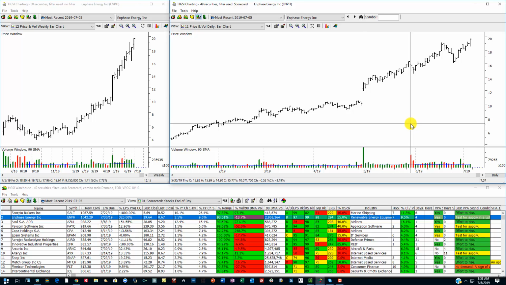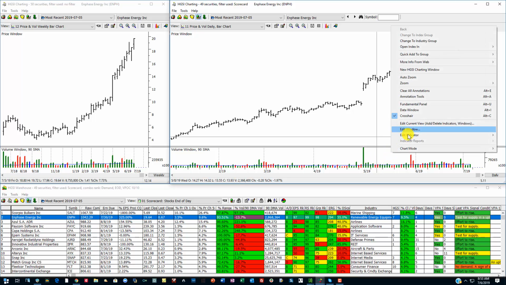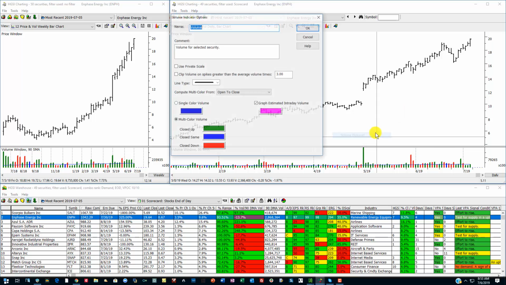Now here is a high volume bar to the downside, and this is red only because the volume is connected to the open versus close on the price. I'm going to edit the indicator, show you on the volume. You have two choices. You can compute multicolor from open to close or last close to current close.